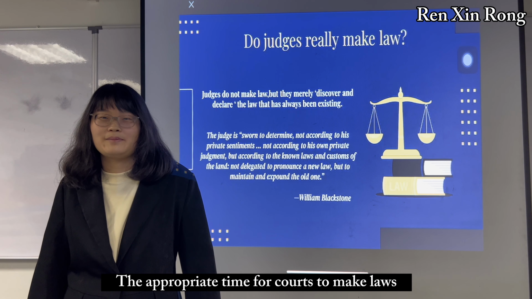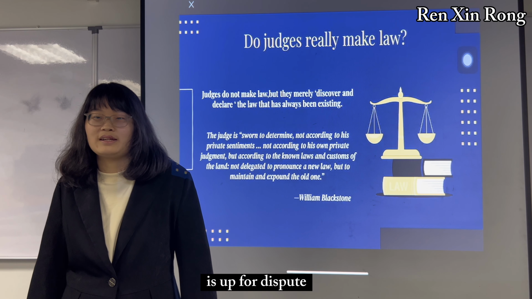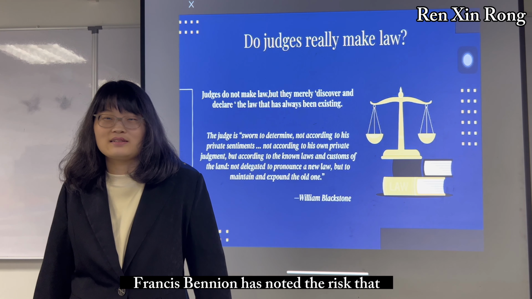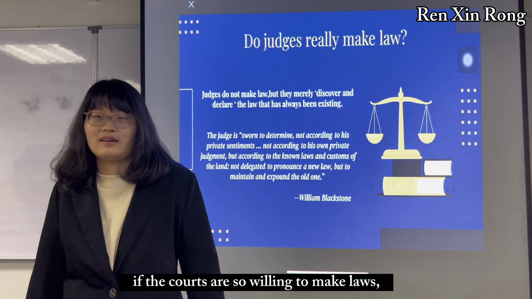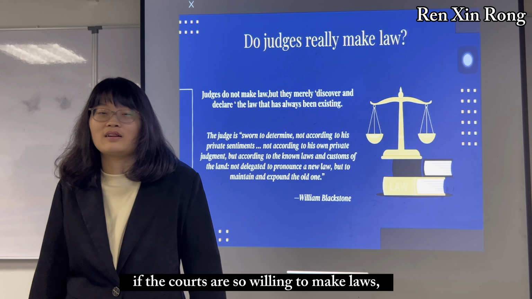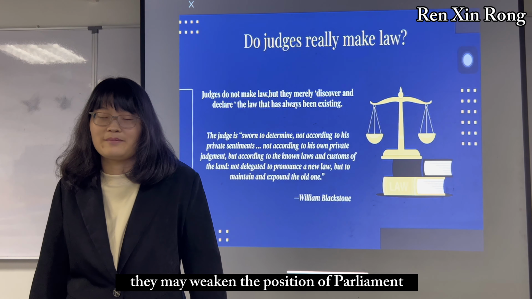The appropriate time for courts to make law is up for dispute. Francis Bennion has noted the risk that if the courts are so willing to make laws, they may weaken the position of Parliament.